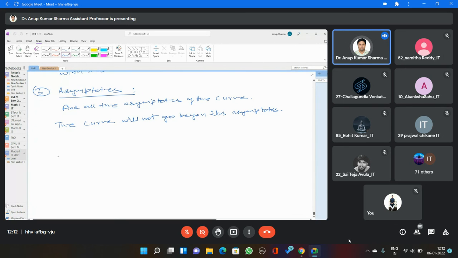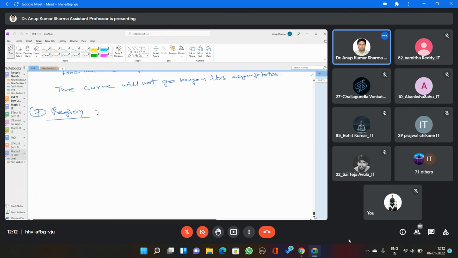Now next is the region of the curve. Say, number one, region. So region means here we calculate whether the curve exists or not in this region.